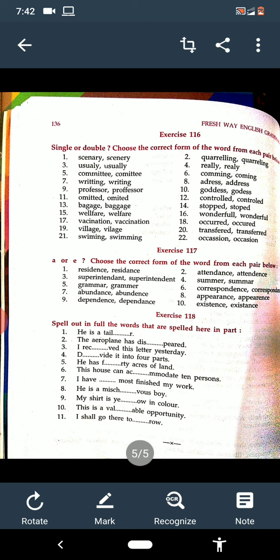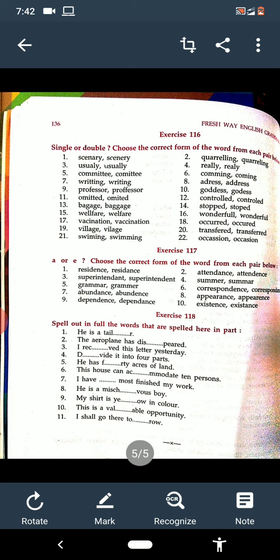Now see exercise 118. Spell out in full the words that are spelled here in part. He is a TAIL-R, tailor. Disappeared, received, divide, accommodate.